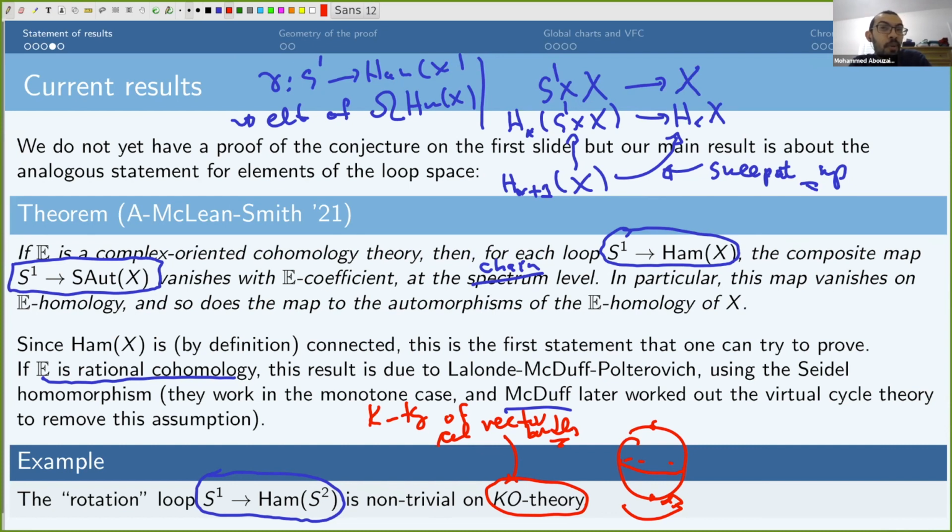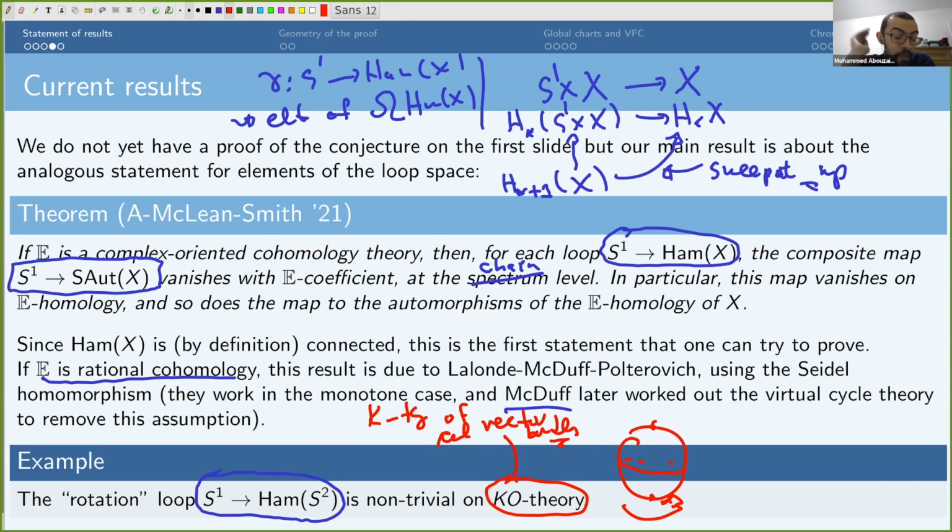oriented cobordism and real K-theory. And basically, oriented cobordism is constructed from complex cobordism and real K-theory. So since this is not true, I'm quite sure that this analogous thing is also false for oriented cobordism, but I haven't tried to prove it.